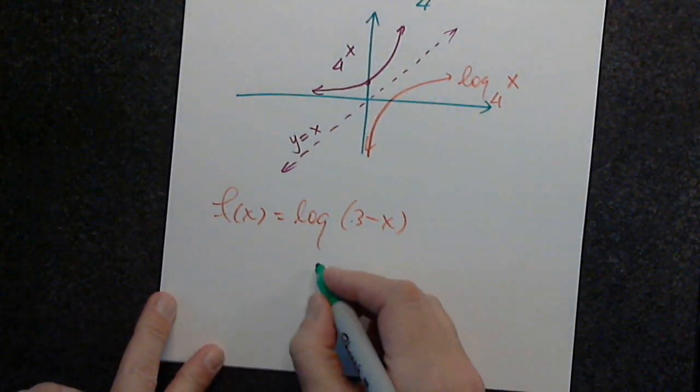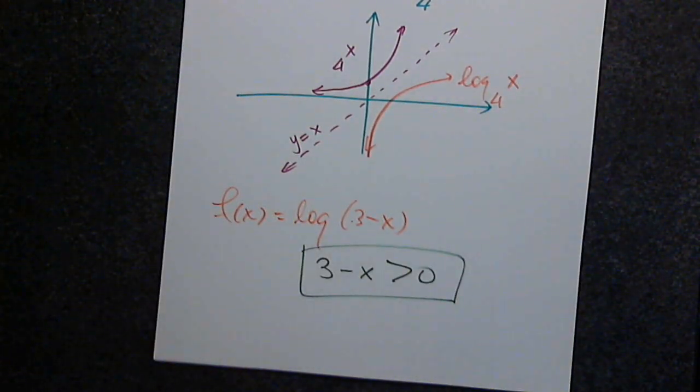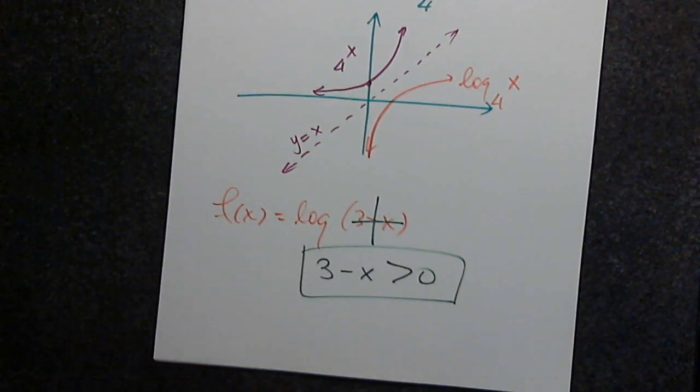I have to write that 3 minus x is greater than 0. Without writing this, I will not be able to determine the domain. I know that this quantity that log is applied to must be a positive number. That's my starting point. I have to write that 3 minus x is positive, and then I have to solve for x.